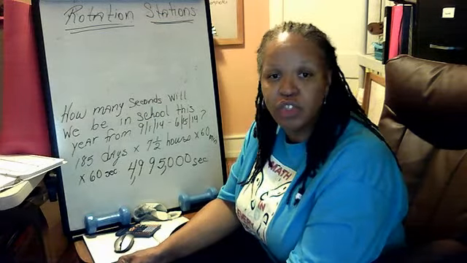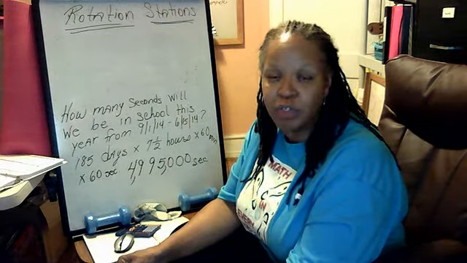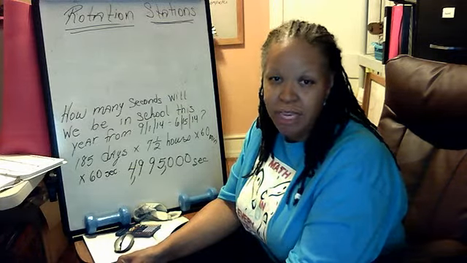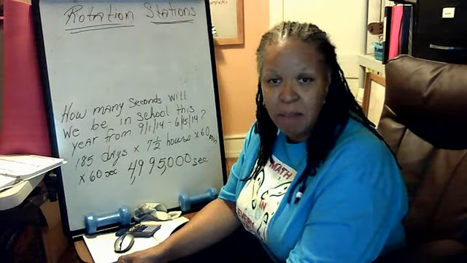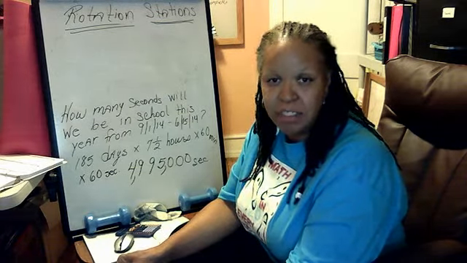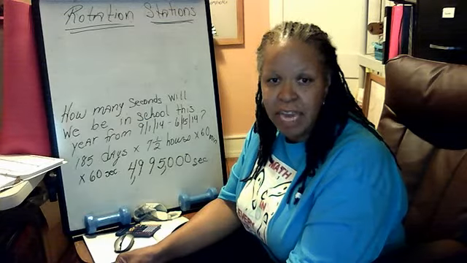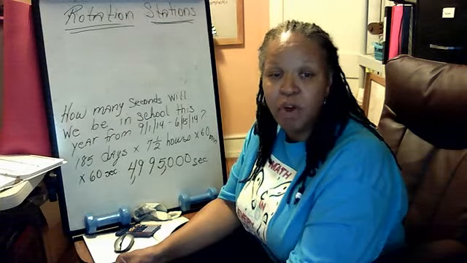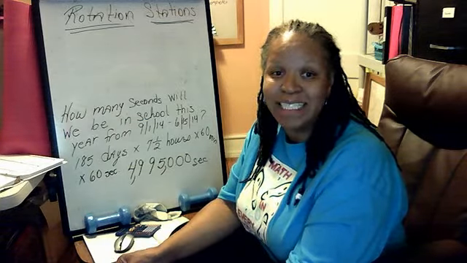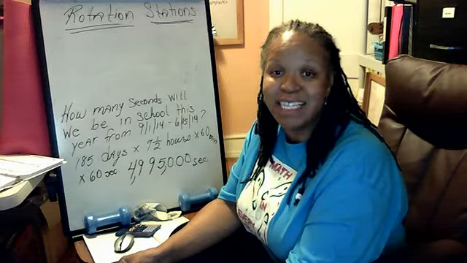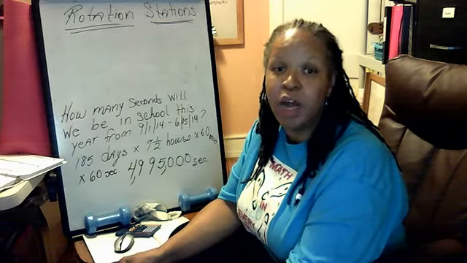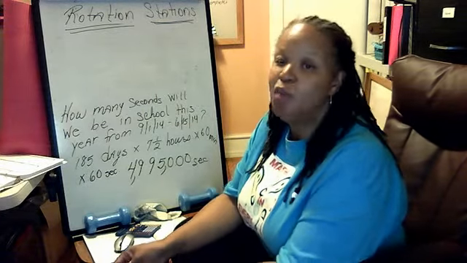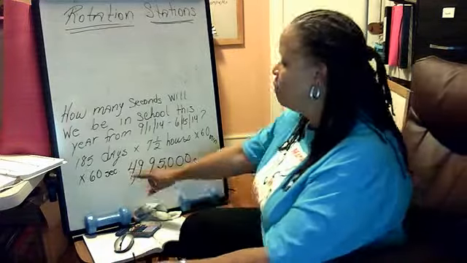You're actually in school for 7.5 hours per day. How many minutes? Multiply that number by 60, because there's 60 minutes in an hour. And then multiply that number by 60, because there's 60 seconds in 1 minute. And what answer will you come up with?